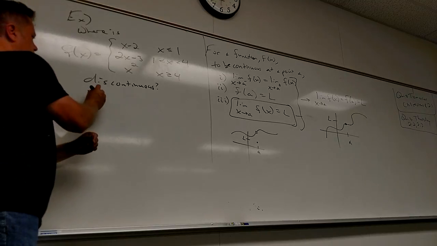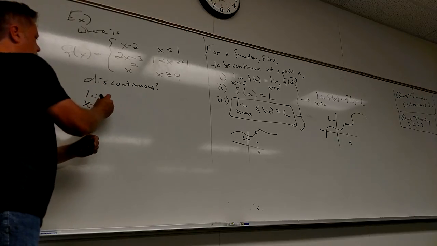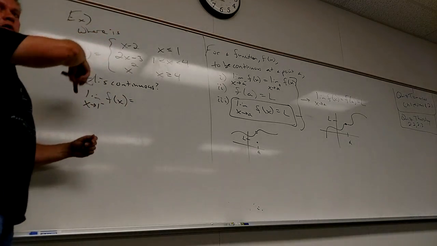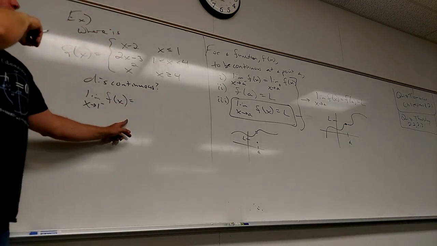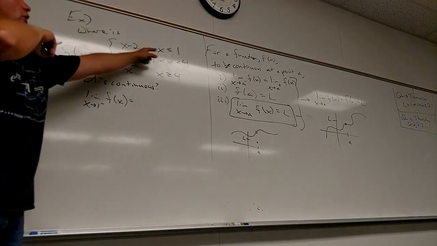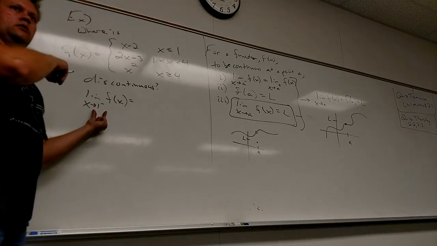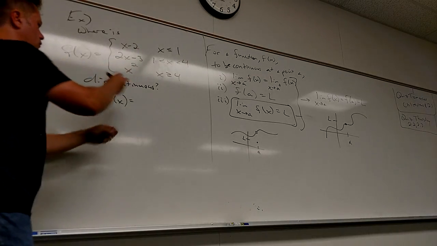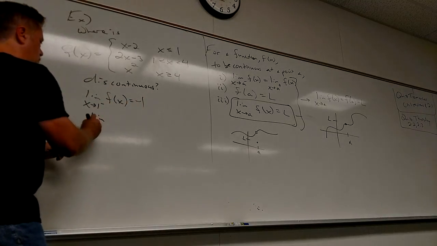So what's the limit as x goes to 1 from below? You see if you guys can use this information appropriately. Yeah, how do you figure that out? So below 1, which part do I use? This guy. So 1 minus 2 is negative 1. What's the limit as x goes to 1 from above?